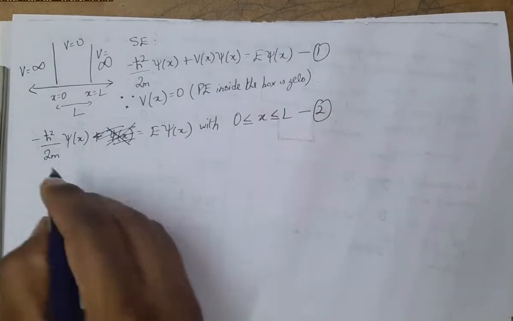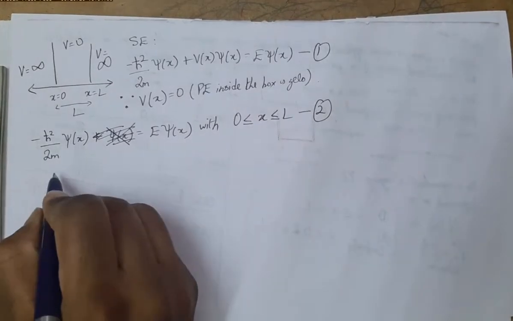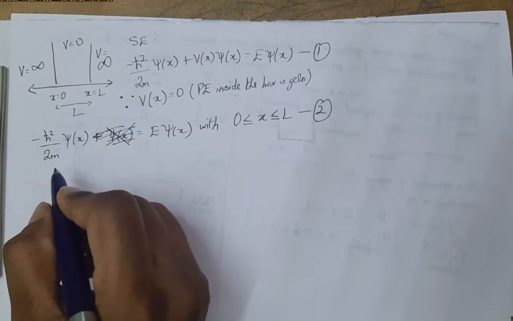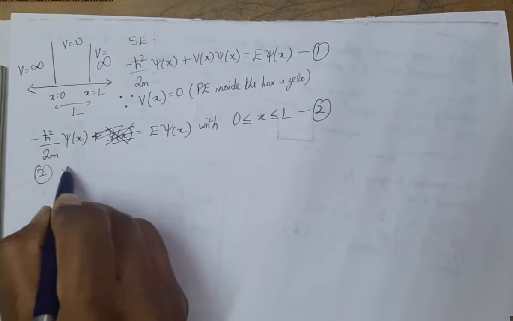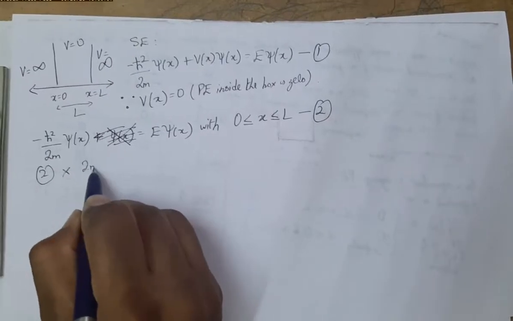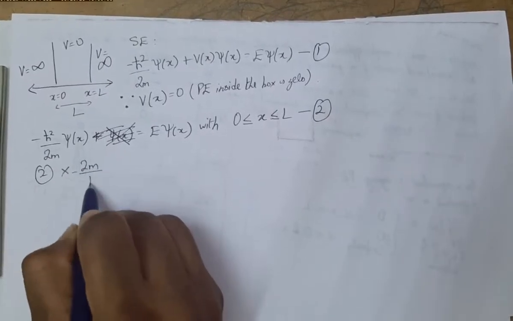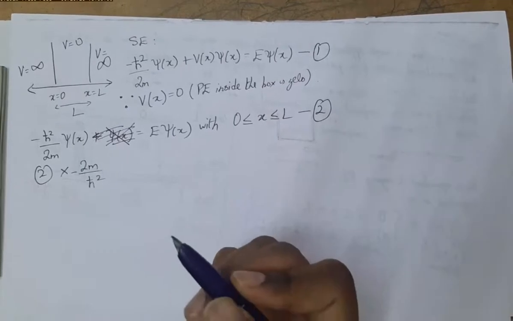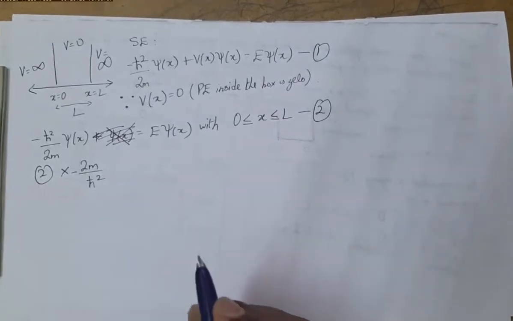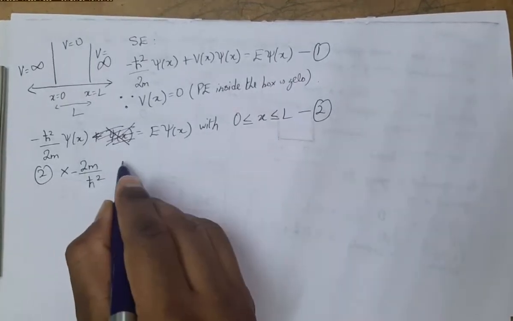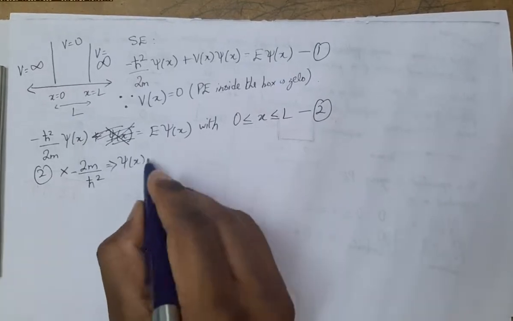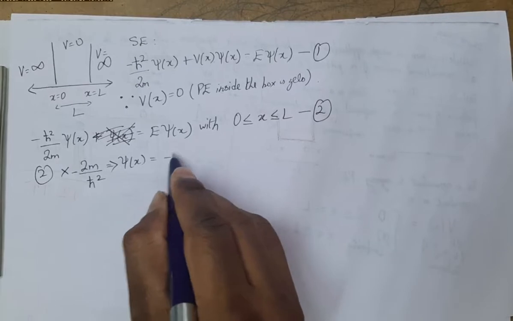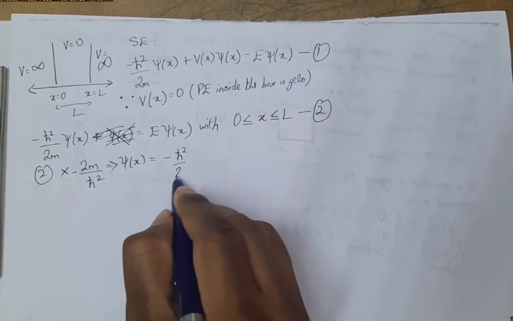Now what we will do is multiply equation 2 with minus 2m by h cross square. So this will give you the second derivative of psi of x equal to minus 2m E by h cross square psi of x.